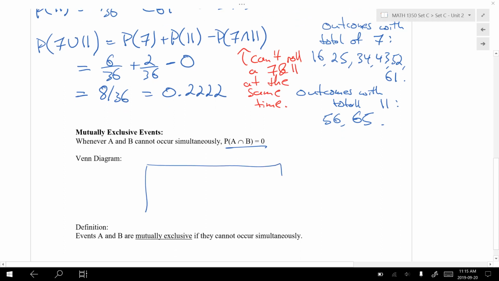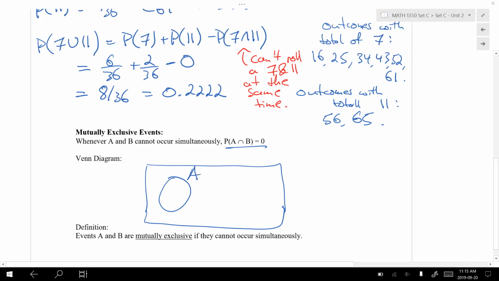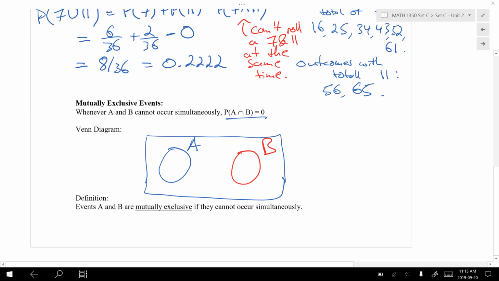In the Venn diagram here, that would look something like this. A is over here and B is chilling over here. The two of them have nothing to do with each other. They are mutually exclusive. They cannot occur simultaneously.